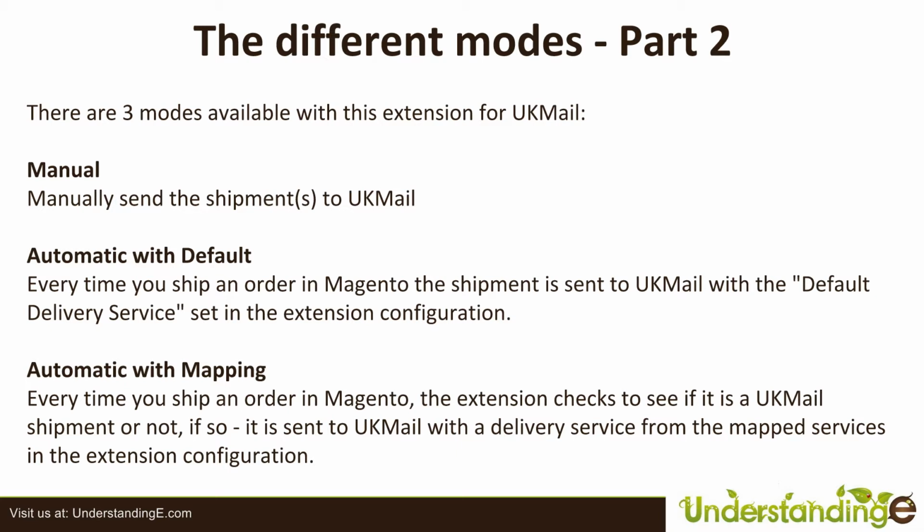The third method, a slight extension to that, is the automatic mapping. There's an interface in the configuration of our extension in your Magento store that allows you to map Magento shipping methods with UKMail shipping methods.